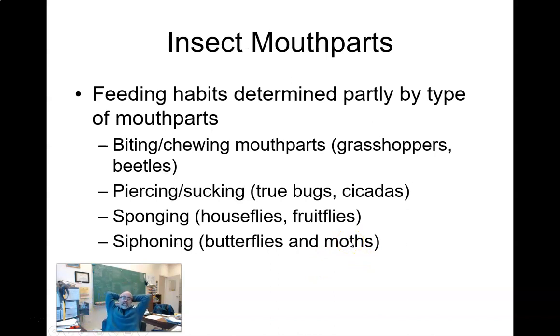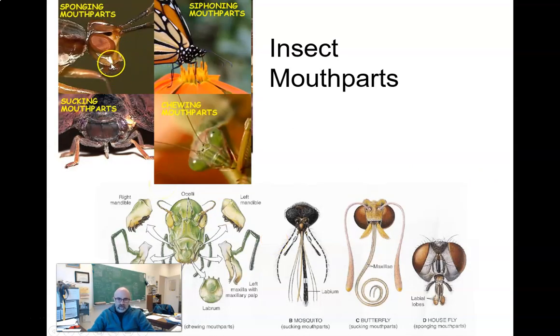Insect mouth parts, this again goes with the appendages that insects have, and has been another reason for the success of insects. Insects are amazingly adaptable. They have lots of different niches they can occupy, and they can eat lots of different things because they have mouth parts designed to pierce through, say, plant roots and suck sap.